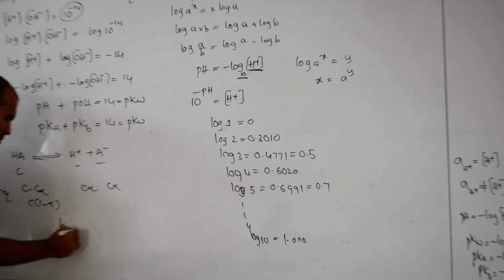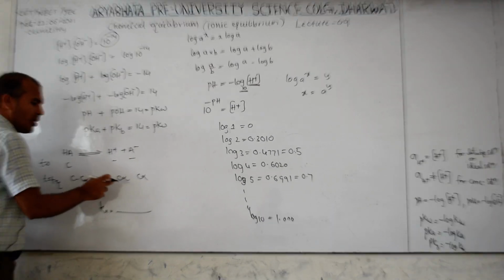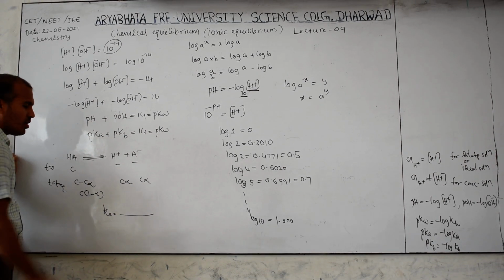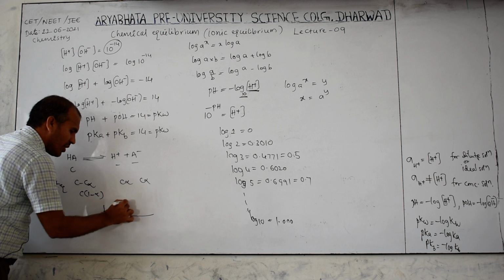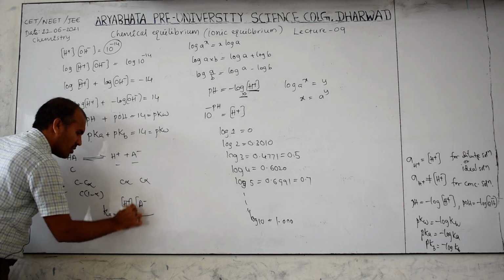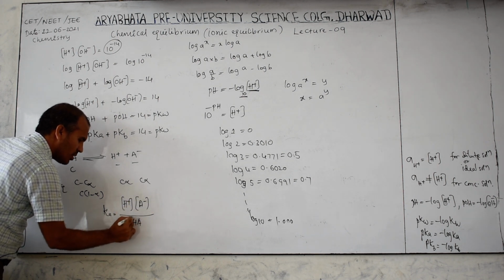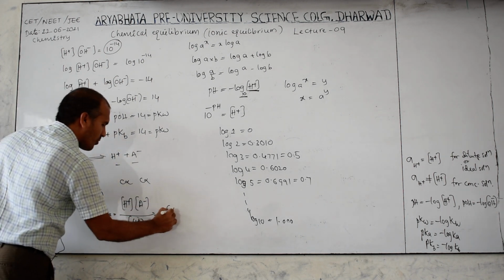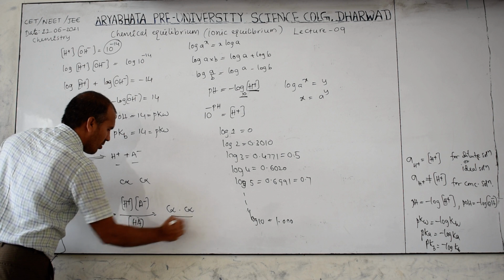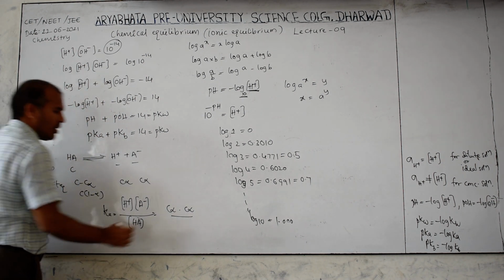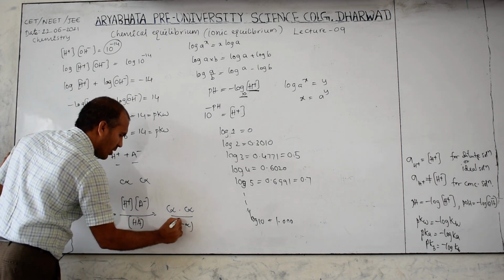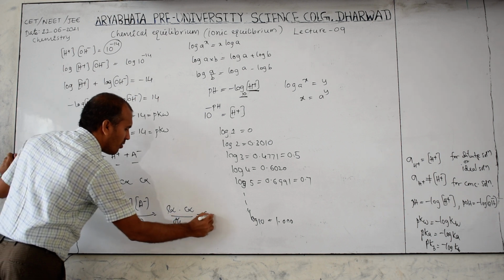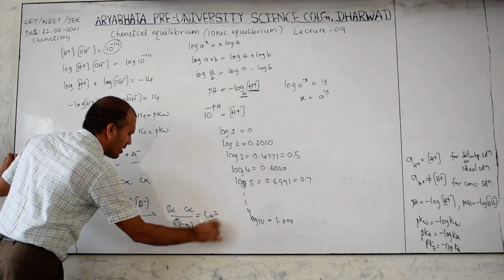Now Ka is product by reactant, and at equilibrium position only you have to put values: H plus concentration times A minus concentration by HA concentration. H plus is C alpha, A minus is C alpha, and HA is C into 1 minus alpha. C cancels, therefore Ka is equal to C alpha square by 1 minus alpha.